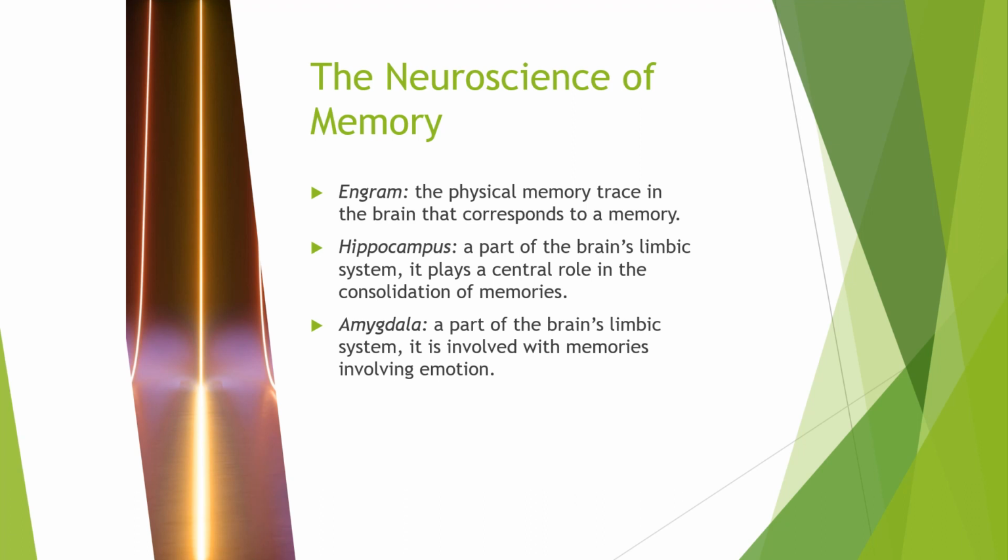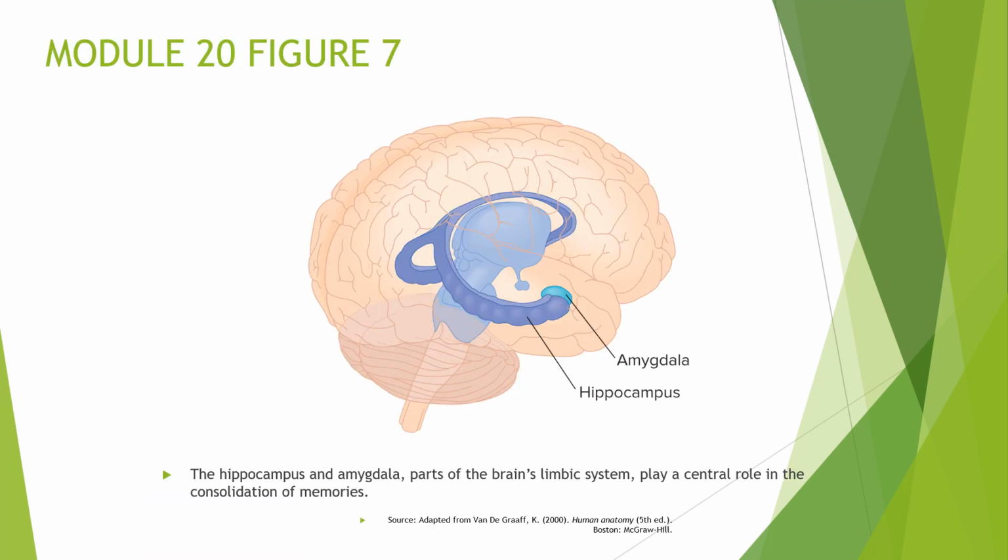So the amygdala is involved with memories involving emotions. This slide shows you where the hippocampus and the amygdala are located in your brain. And they both play an important role in the consolidation of memories.